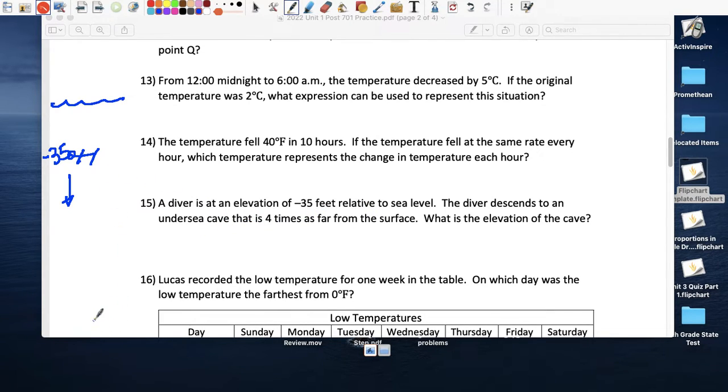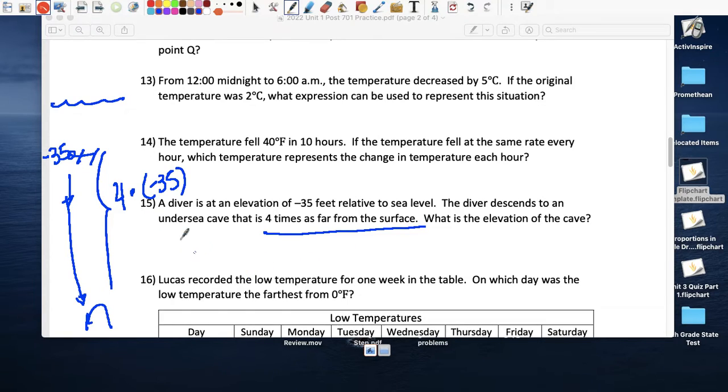So there's a cave here. He wants to go all the way down here, and this distance is 4 times, that's what it says here, 4 times as far from the surface. So we know that's already negative 35. So 4 times negative 35 is going to be negative 140.